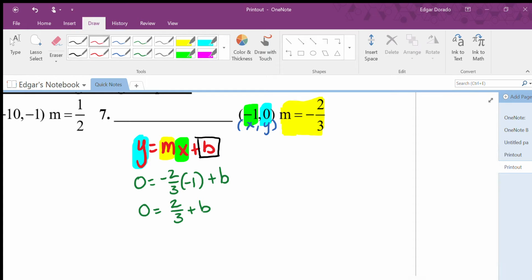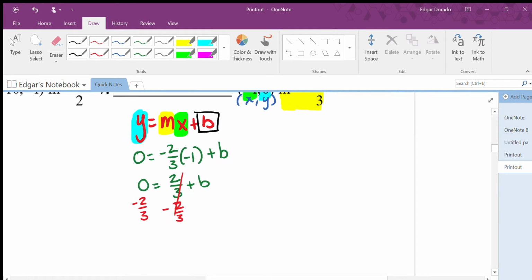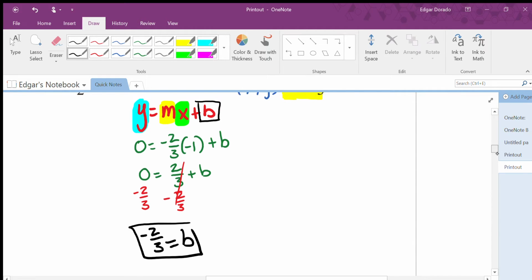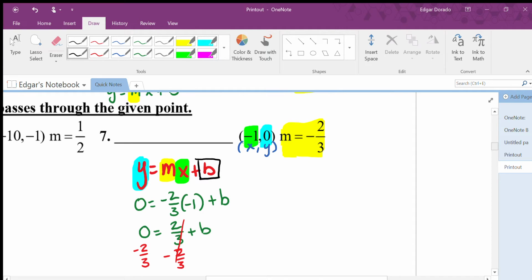And then finally, if I subtract 2/3 from both sides, I'm just going to get my b all by itself now. And what will that be? It's going to be -2/3.